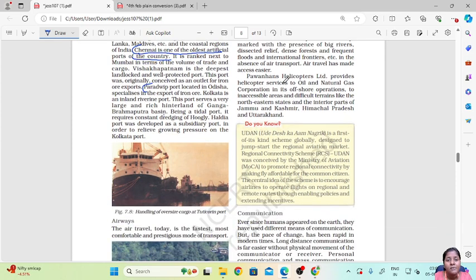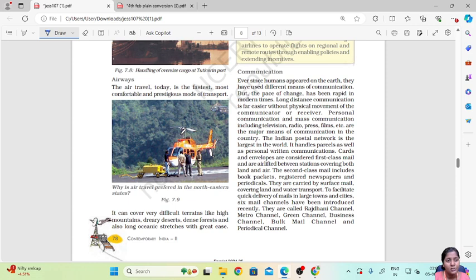Pawan Hans Helicopter Limited provides helicopter services to the Oil and Natural Gas Corporation in its offshore operations, and to inaccessible areas and difficult terrains like the northeastern states, Jammu and Kashmir, Himachal Pradesh, and Uttarakhand. So this is with regards to airways.